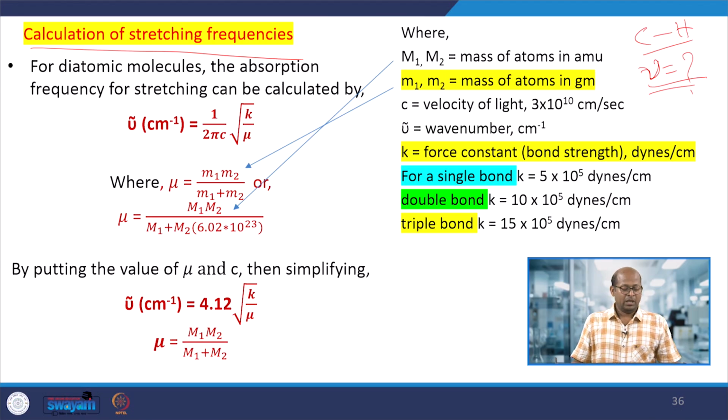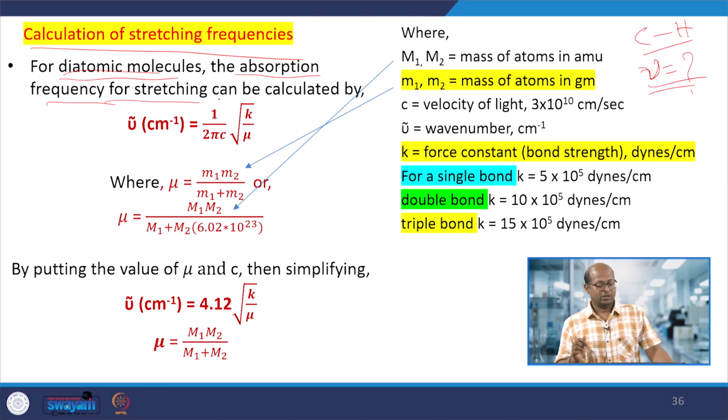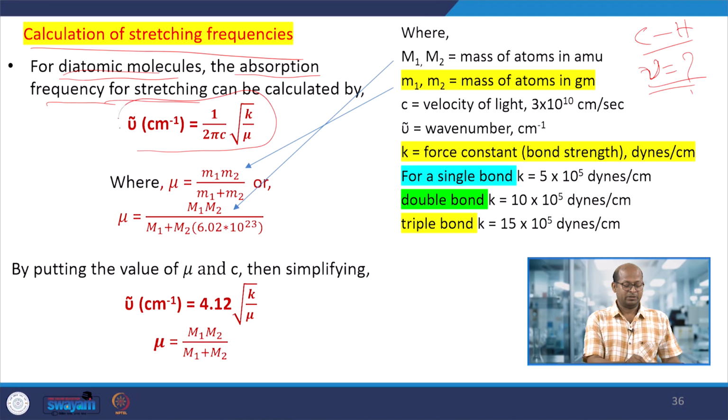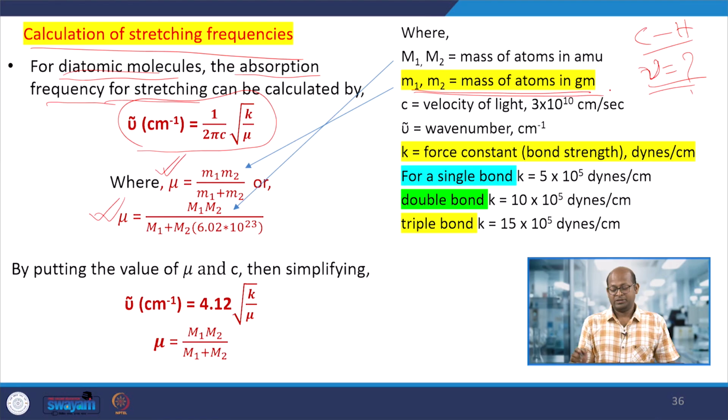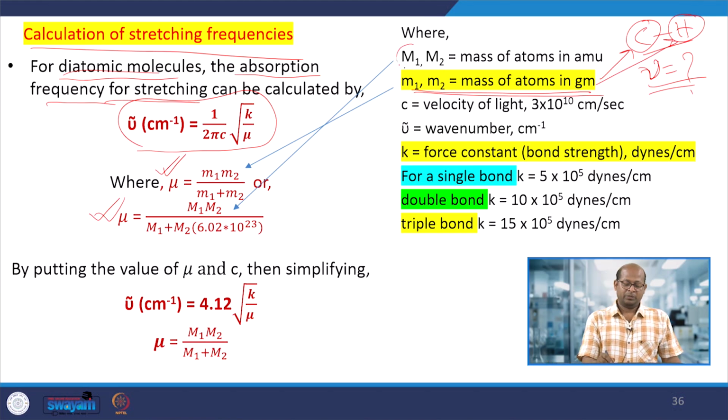So here for diatomic molecules, the absorption frequency for the stretching can be expressed in this way: nu equals 1 by 2 pi c square root of k by mu. Here mu we can express in this way or this way, where m1 m2 are the masses of the atoms, carbon atom and hydrogen atom, that mass we can get in terms of grams, or capital M1 M2 in terms of AMU.